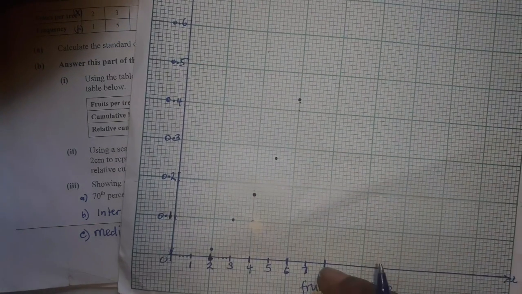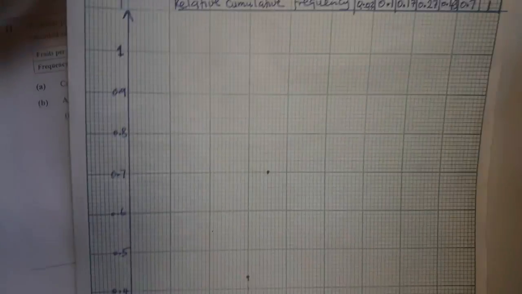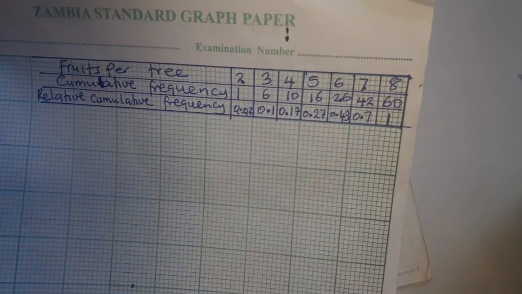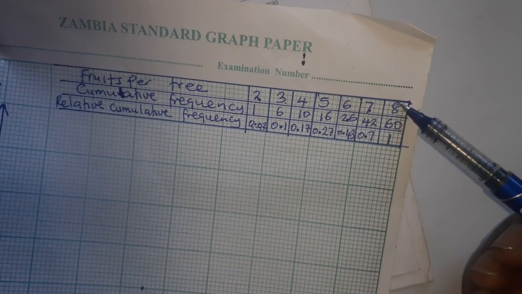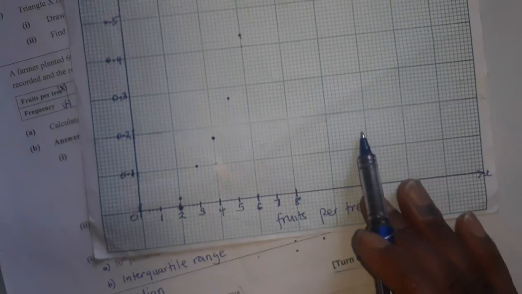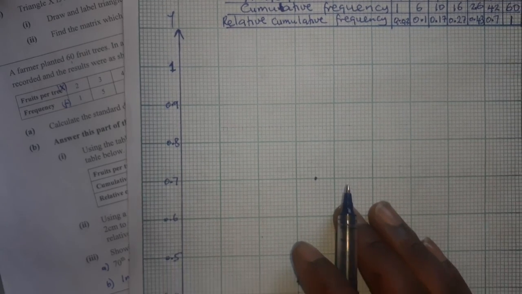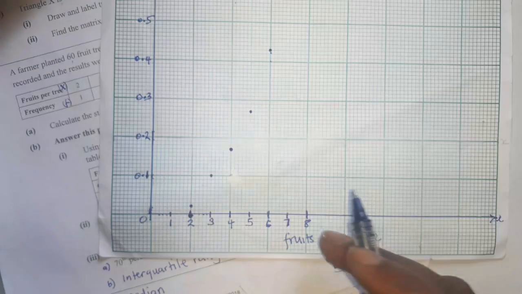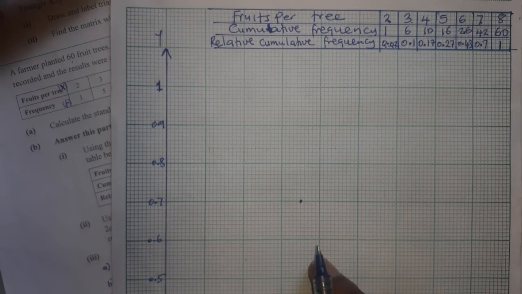Then the last one is 8, 1. We are using this one, 8, 1. So our 8 is here. We go up until the point where it meets 1.